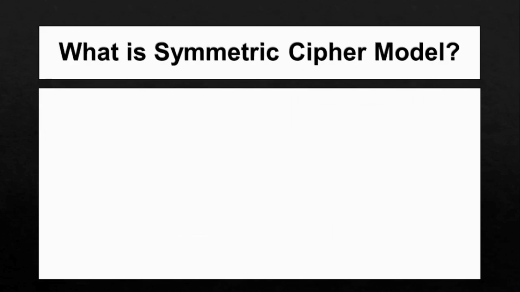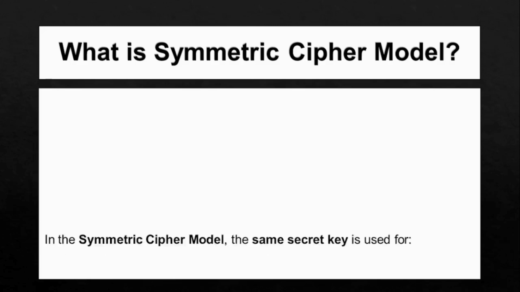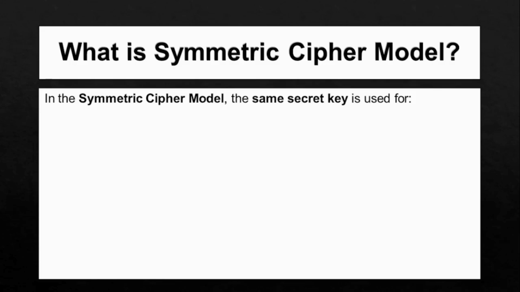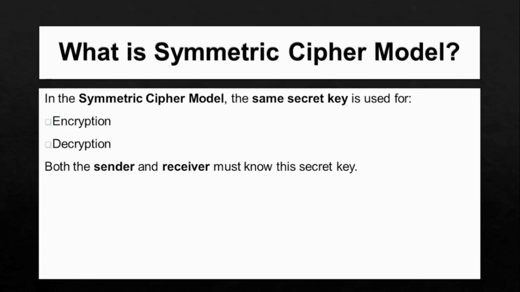Now let us understand the symmetric cipher model. In the symmetric cipher model, the same key is used for both encryption and decryption. The secret key must be shared between the sender and the receiver before the communication begins.